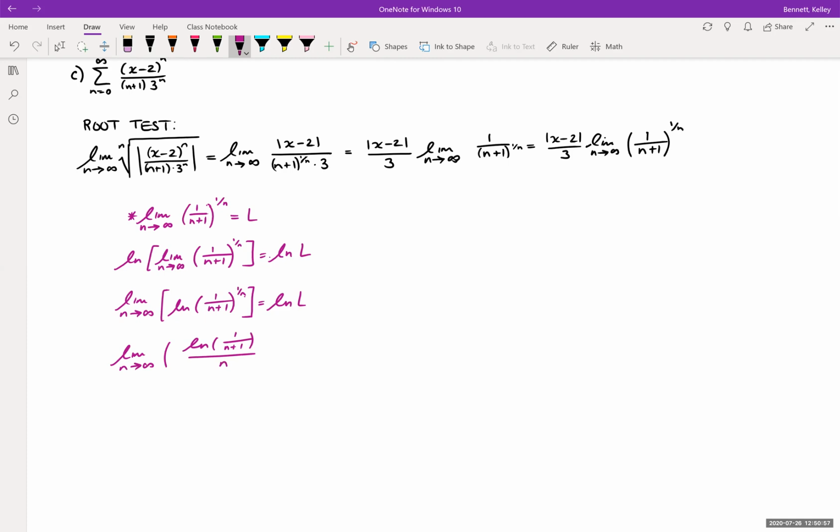And as n goes to infinity, this will go to negative infinity over infinity. Definitely need those parentheses. So I can apply L'Hopital's rule and take the derivative.